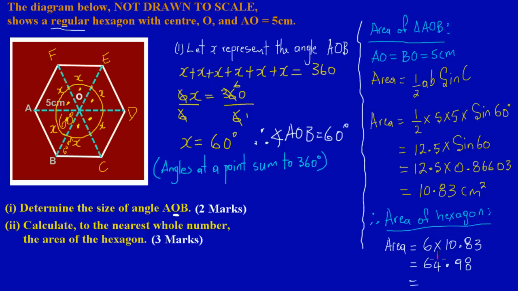I've put a red marker above my 4, since that's the last digit of the whole number before you reach the point. What I'm going to do is look at the next digit that follows the point. That's a 9. If it's 5 or more, I simply add 1 to the 4. So 1 plus 4 gives us a 5. So our answer would be 65 centimeters squared to the nearest whole number.